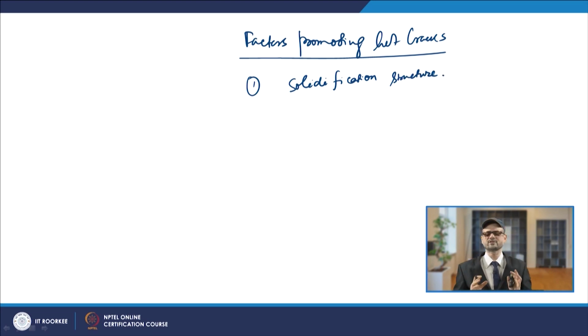The solidification structure means that in the case of weld solidification, the type of solidification observed is epitaxial solidification. As the temperature is higher, you will have coarseness of the structure.